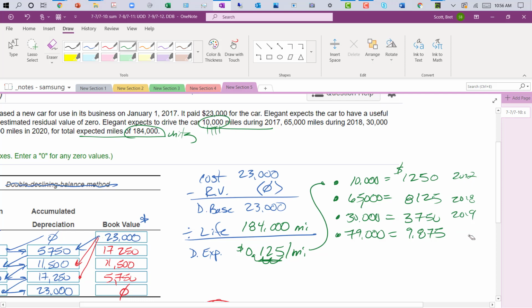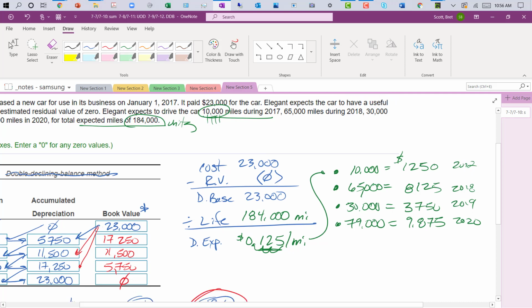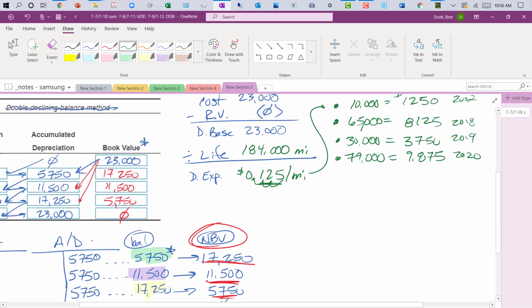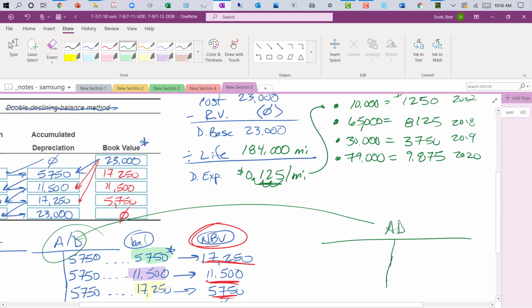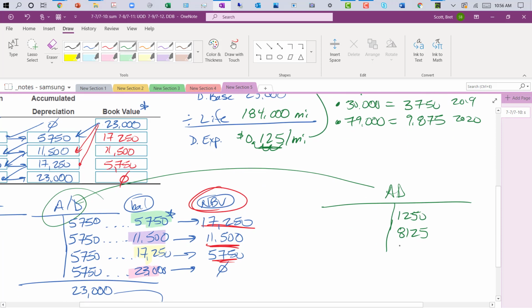Okay, 2020. So similar to what we did with accumulated depreciation before, if I were to draw an accumulated depreciation account, I would basically be showing each year 1,250 would be my credit, debit would be depreciation expense. 8,125 for 2018, debit depreciation expense. 3,750, 9,875.